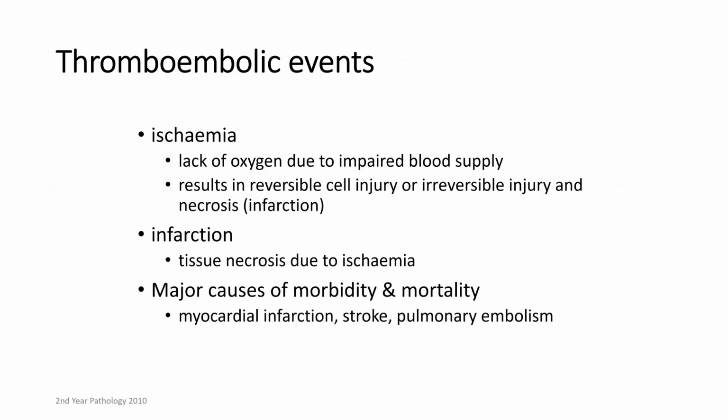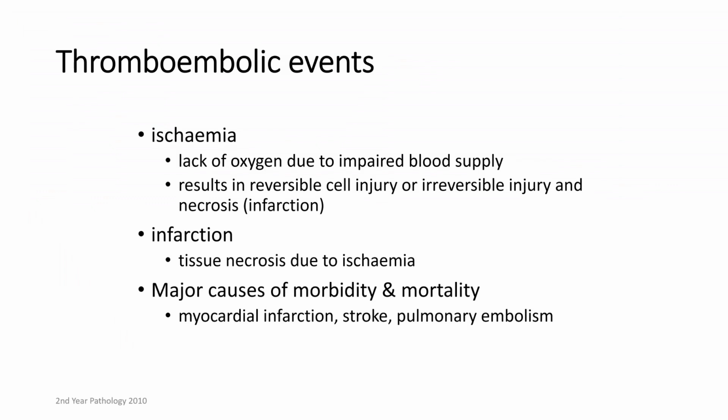So you find the vasculature is occluded by this thrombus, and because of that, there will be downstream injury resulting in necrosis. As we learned earlier, ischemia can also be associated with a reperfusion injury if circulation is restored. We also have an infarction, and an infarction is tissue necrosis due to ischemia.